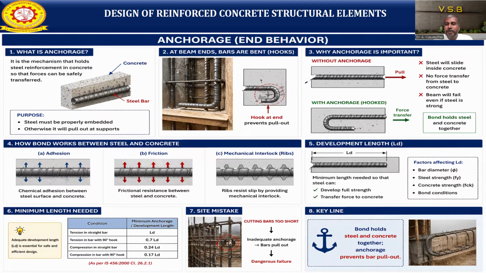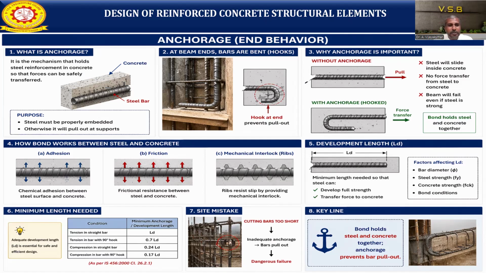Why will anchorage be included? Without anchorage, steel will slide in the concrete. No forces will be transferred from the steel to the concrete, and the beam will fail even if the steel is strong. So commonly we use the hook type of anchorage. The force will be transferred. So bond holds the steel and the concrete together.